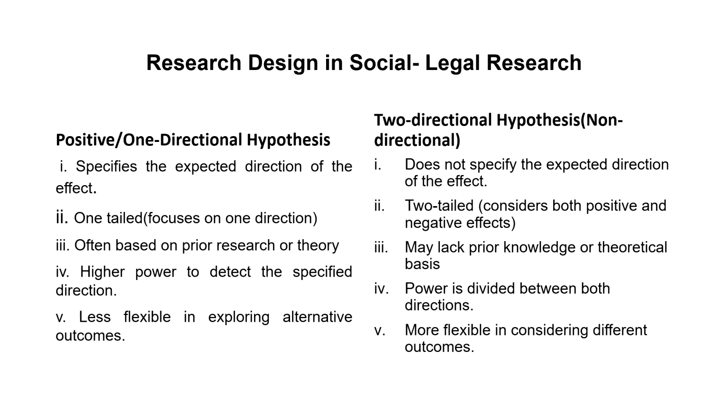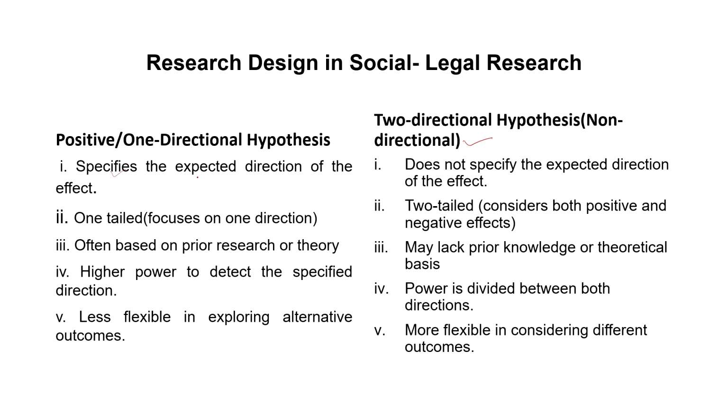Now, after the discussion on what the one directional hypothesis is and what the two directional hypothesis is, let us understand the difference between the positive or one directional hypothesis and the two directional or non-directional hypothesis. Let us see the positive or one directional hypothesis.